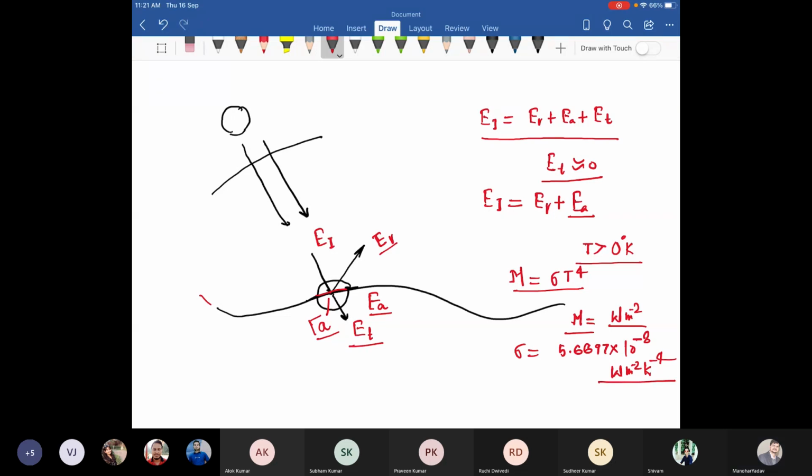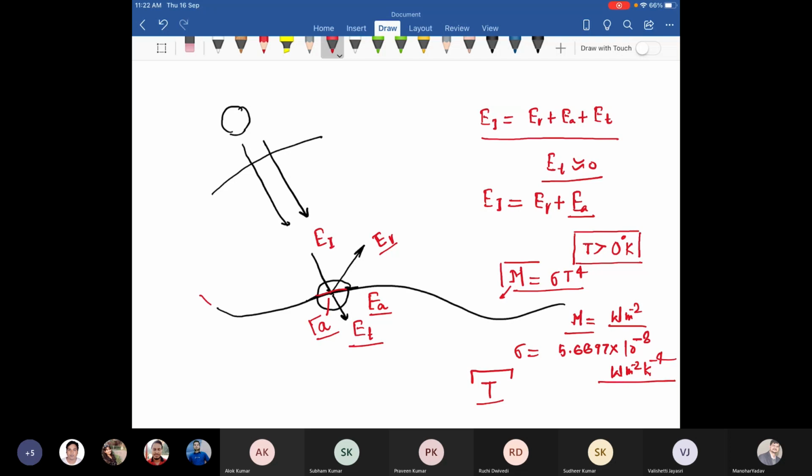Now T is the absolute temperature measured in degree Kelvin for the emitting material, the material that emits the energy. If T is greater than 0 degree Kelvin, then you can expect a definite value for M, that is the total radiant exitance.